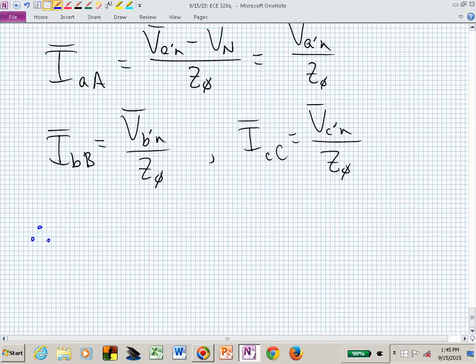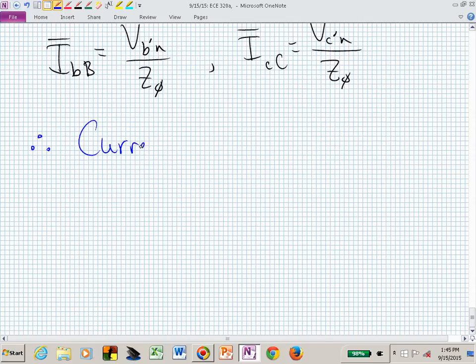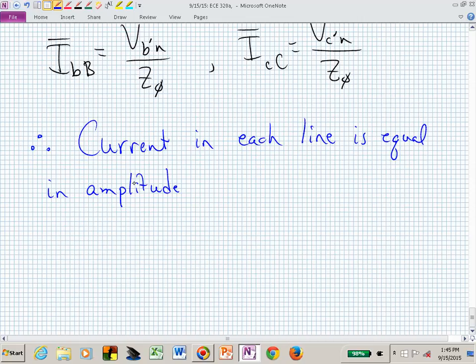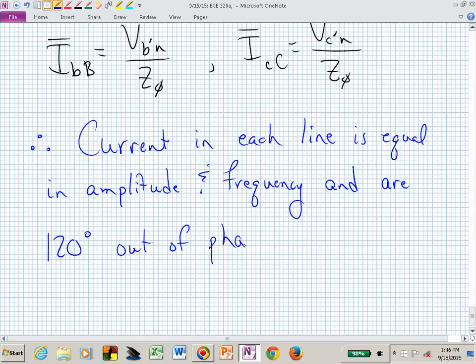They'll have the same magnitude and they'll be offset in phase by the same 120 degrees, which means then that our current in each line is equal in magnitude or amplitude and obviously in frequency, and are 120 degrees out of phase with each other.